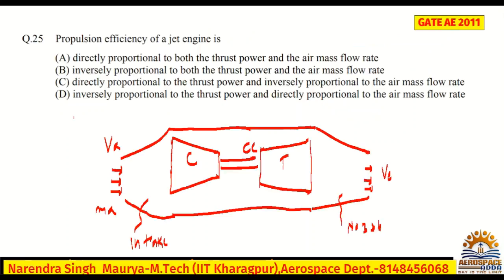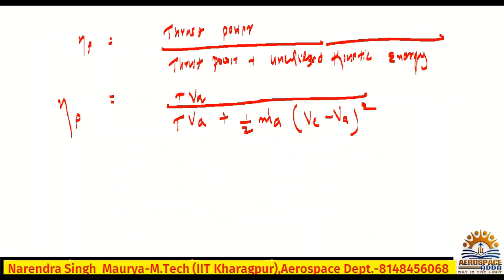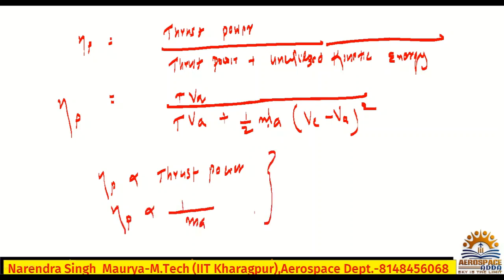Okay, now we'll go for the question. Directly proportional to both thrust power and air mass flow rate. Directly proportional to thrust power, that is true. But air mass flow rate, where is the air mass flow rate? Here we have the air mass flow rate. Eta P is directly proportional to thrust power, that is true, and eta P is inversely proportional to m dot A, the mass flow rate. You can check.